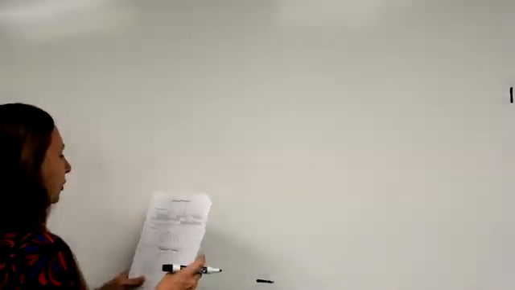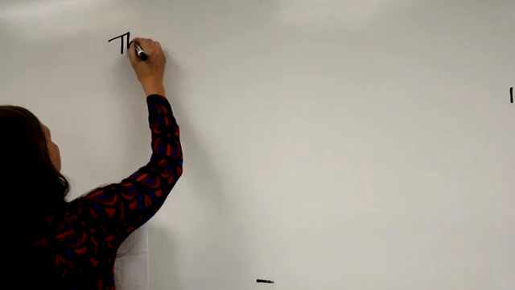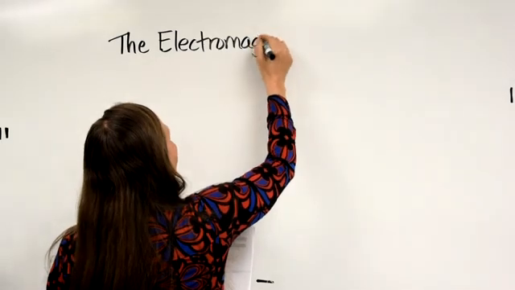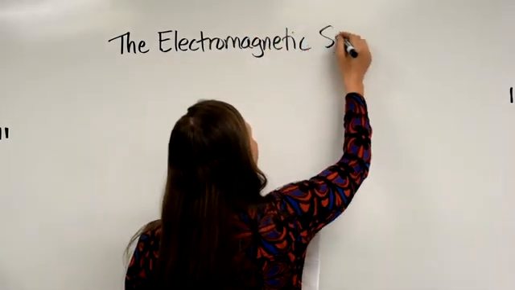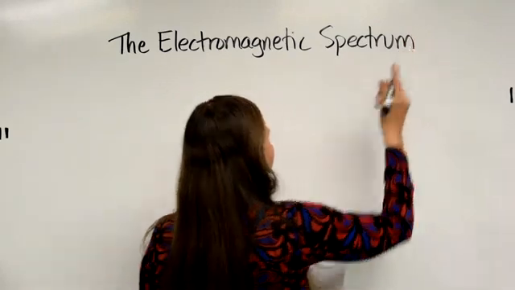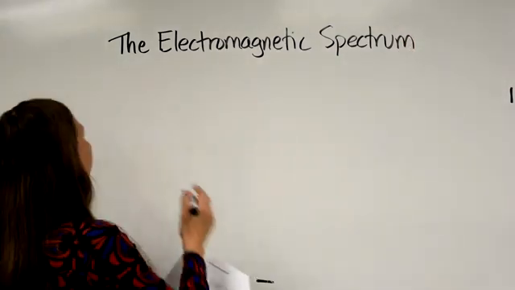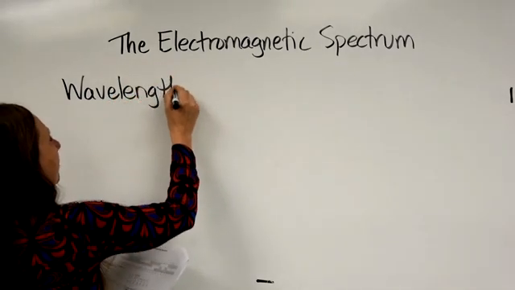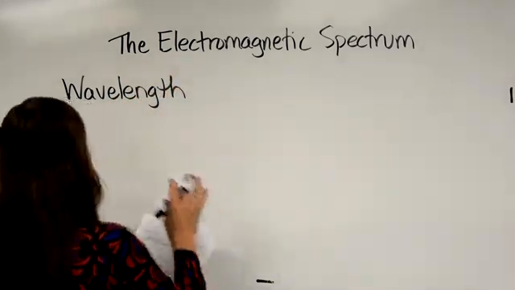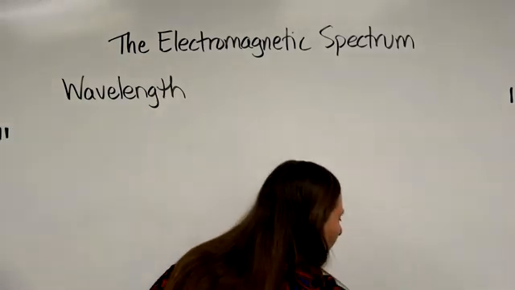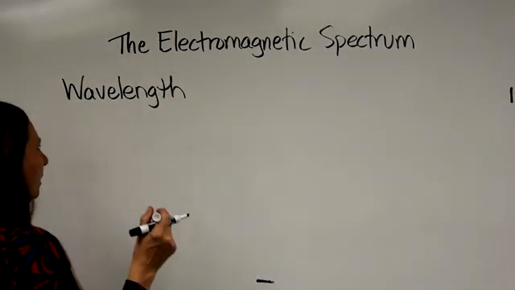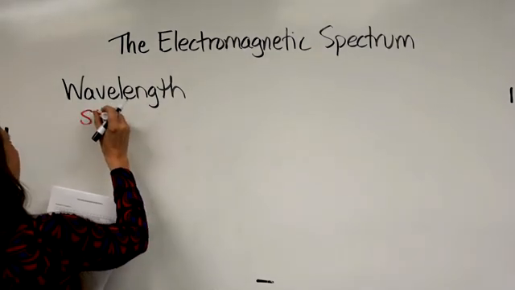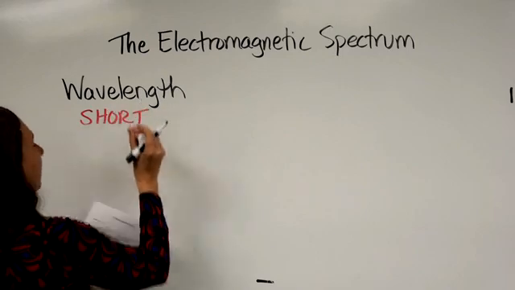All right, so on this chart, which is called the Electromagnetic Spectrum, you've got wavelength on the top. Those are the numbers across the top. And on the left side, you've got short wavelengths, small numbers.